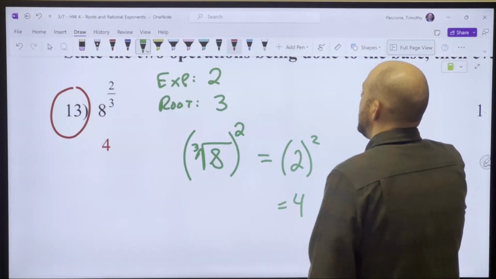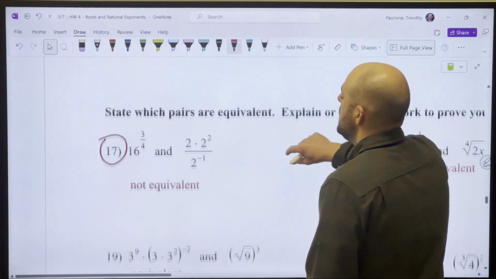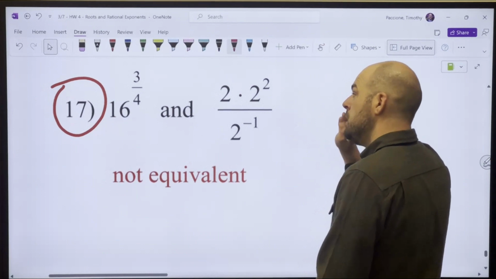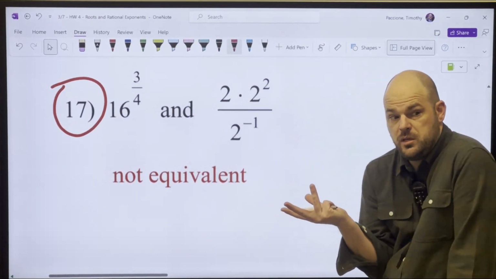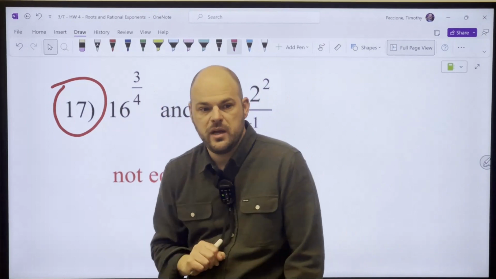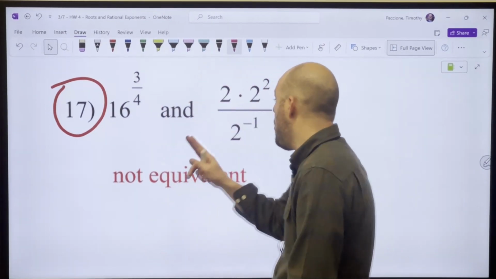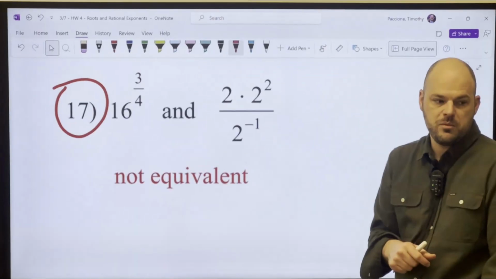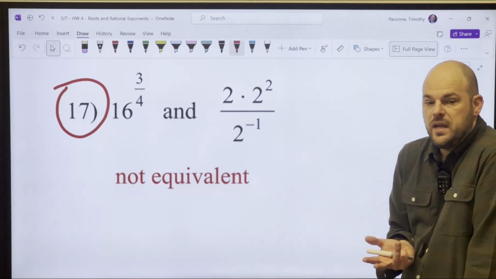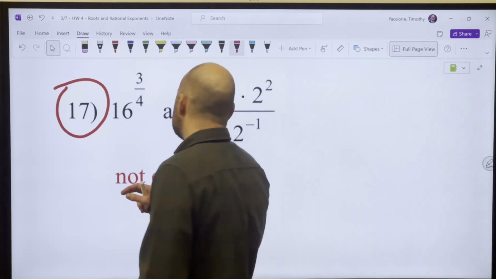Okay? Last one was asking you, hey, are these equivalent? So you kind of had to do a little bit of different things that we've been doing. Over here, you needed to do what we just did, evaluate with a fractional exponent. Over here, you needed to use exponent properties. And you needed to find out, are these the same number in the end? Okay? So we'll start with this one.